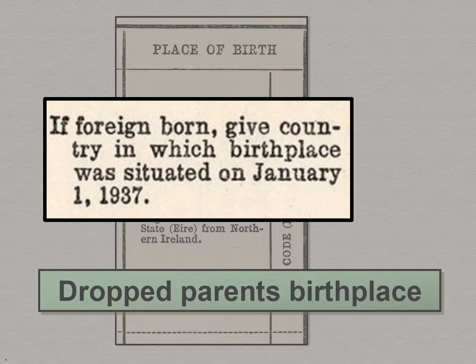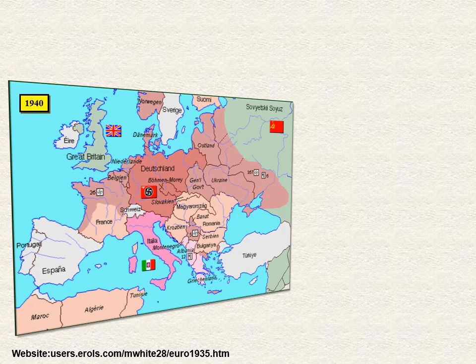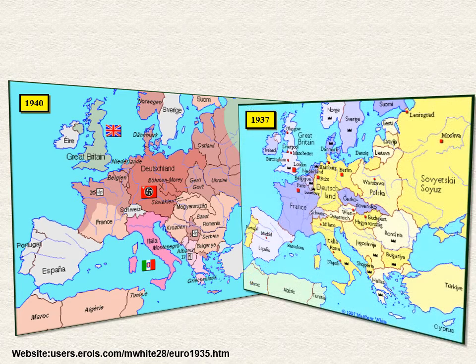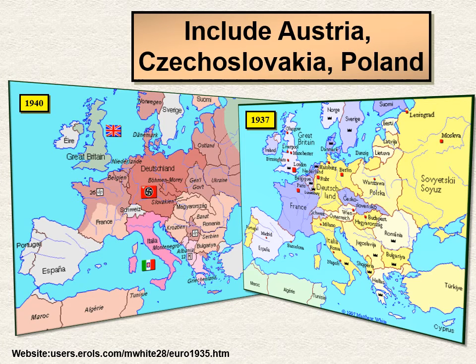Remember, there's a war going on in Europe. And so in 1940, the map of Europe looked quite different than in 1937. And so they turned back the clock to ask that question. That's why they're using 1937.